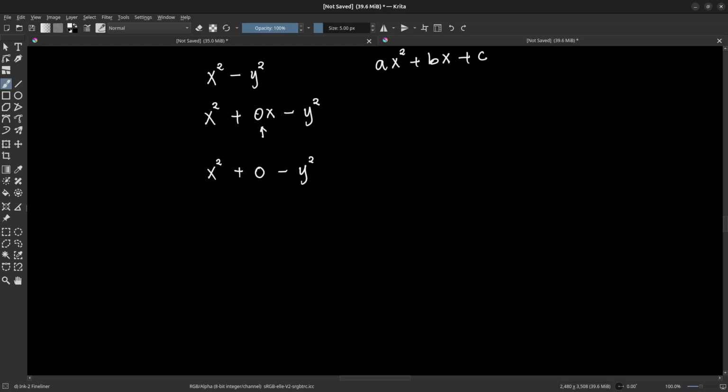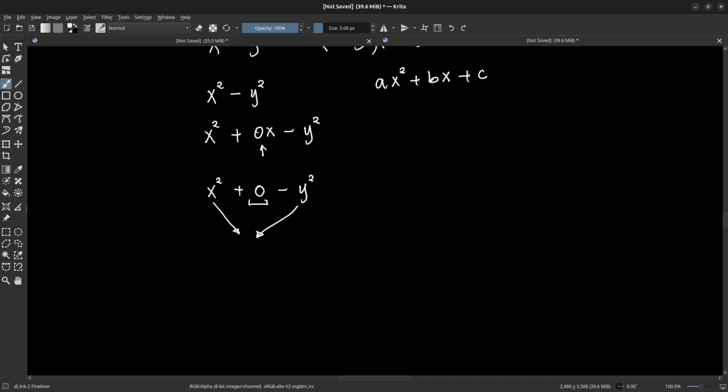So now this is a quadratic expression, and to simplify it, you simply have to rewrite the center term so that it has two factors. To get the two factors, we look for them in such a way that when they are multiplied, they equal the ax squared times c terms. In our case, this is x squared times negative y squared, which is negative x squared y squared.